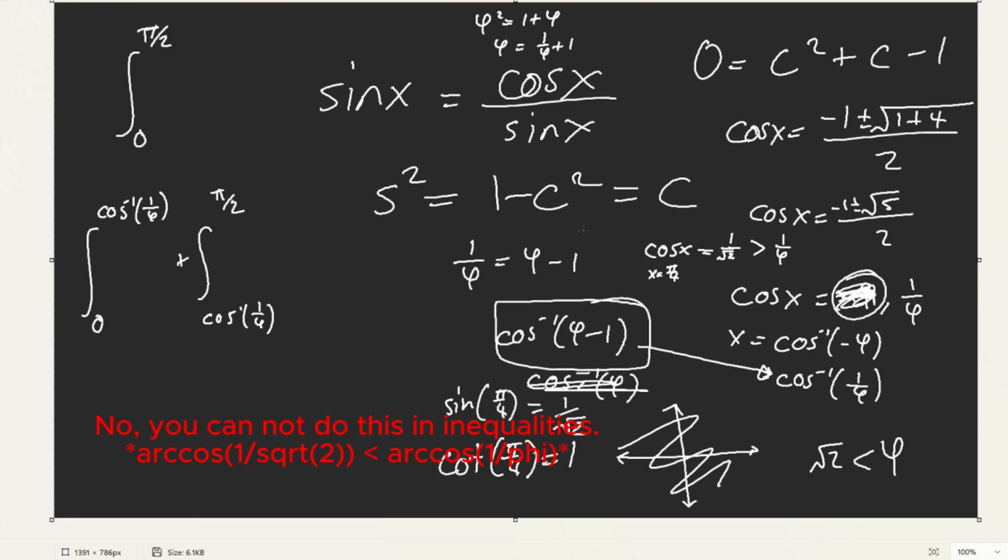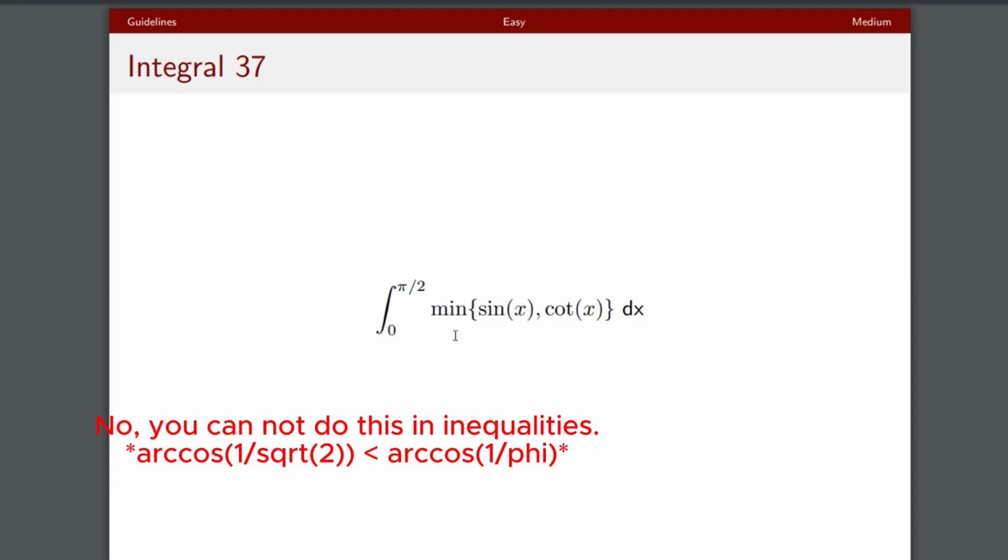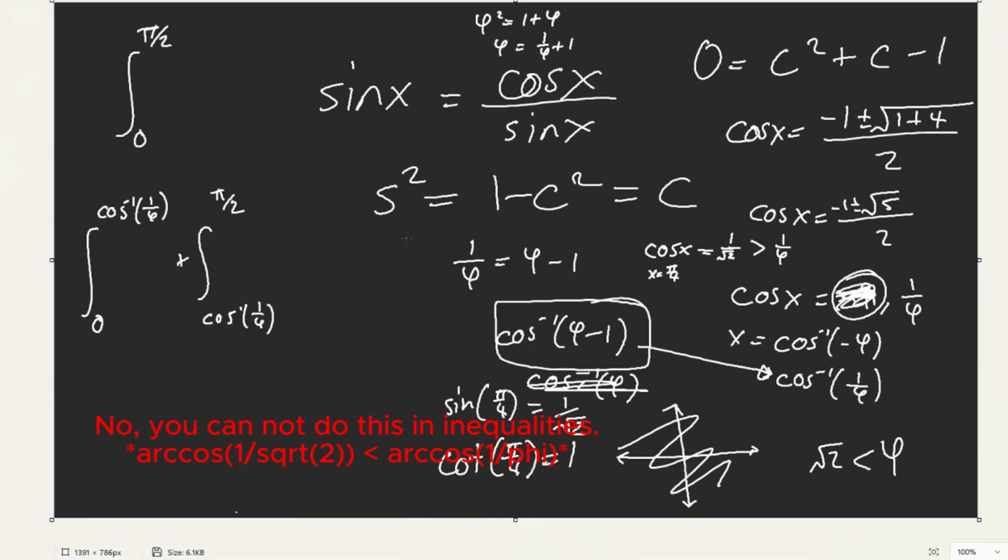So obviously cotangent of pi over 4 is bigger. Did it ask for max or min? It wants the min. Because the min over here is pi over 2, sine of pi over 4 is smaller. This is sine of x, this is cotangent of x.